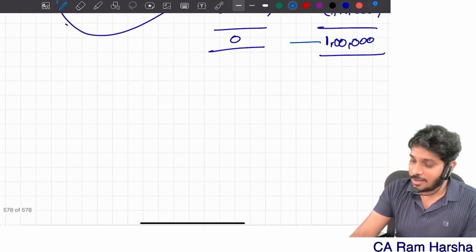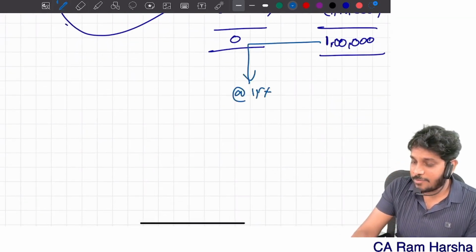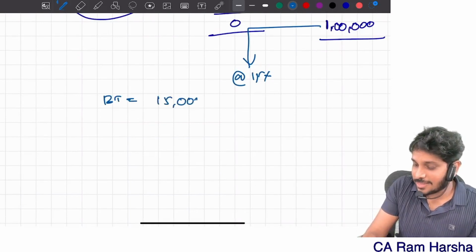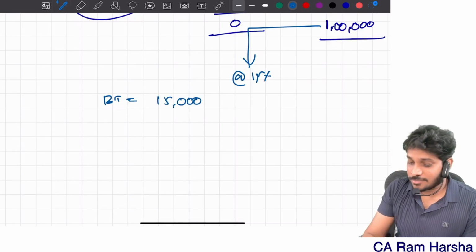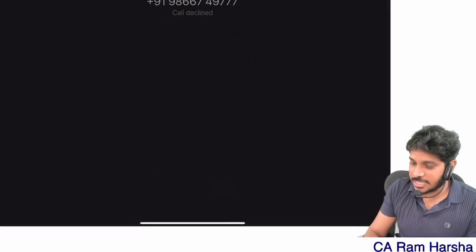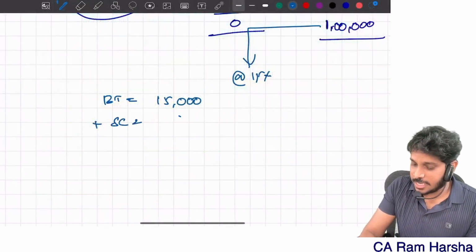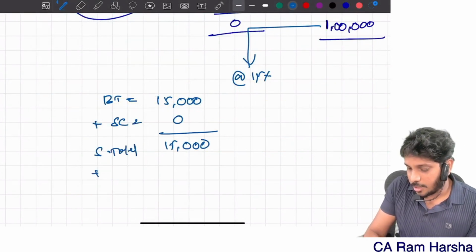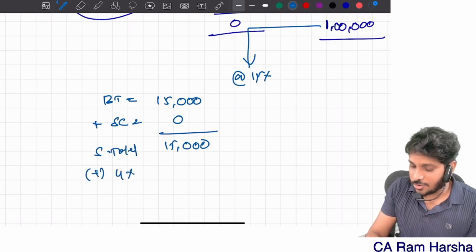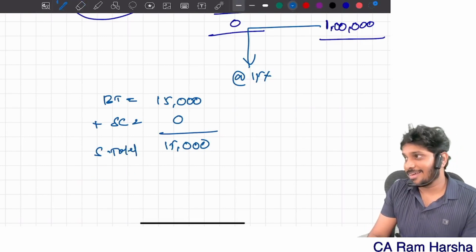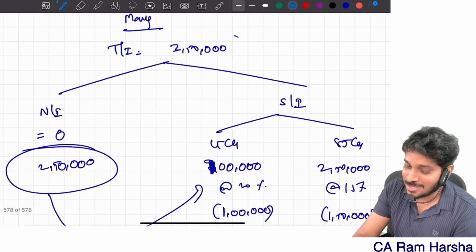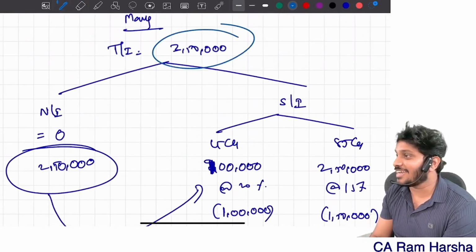Then 1 lakh multiplied by 15%. So how much is the basic tax? 15,000. But remember, plus surcharge. How much is surcharge? 0. So 15,000 is subtotal plus cess. She is a resident, yes or no? Total income is how much? Not exceeding 5 lakh.